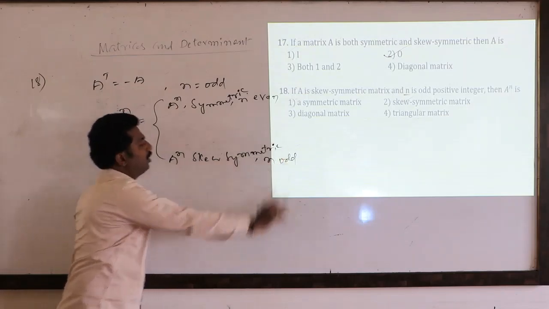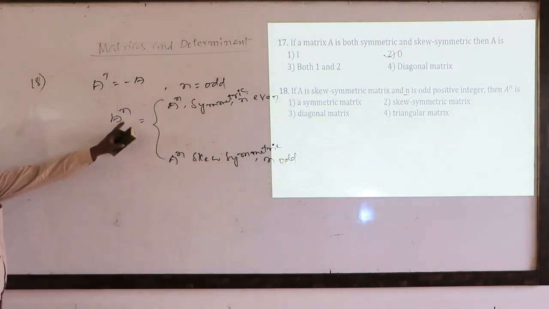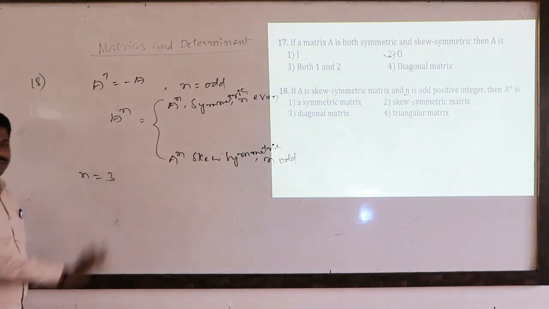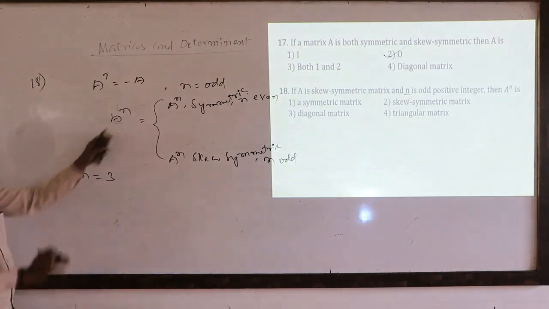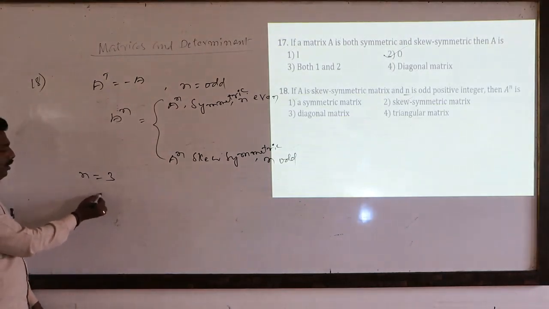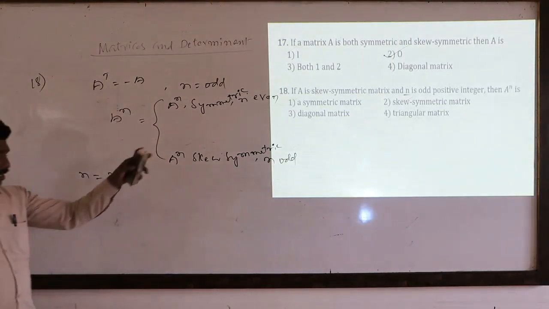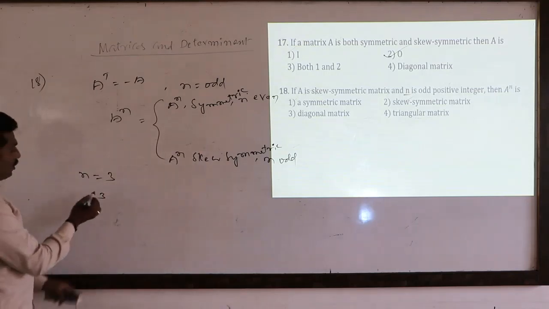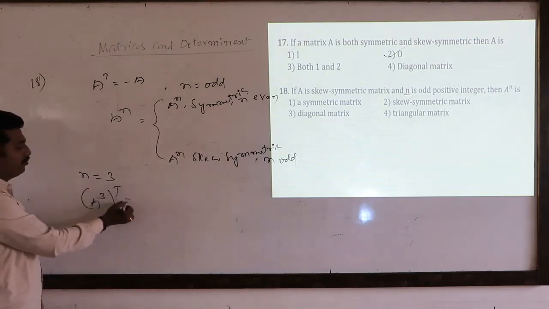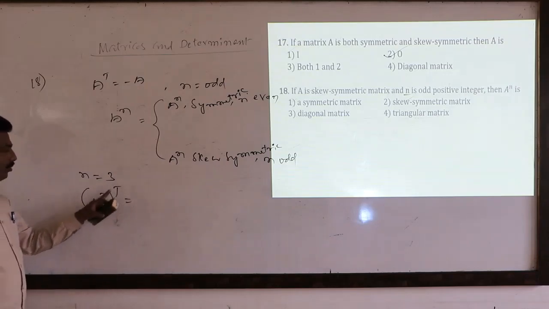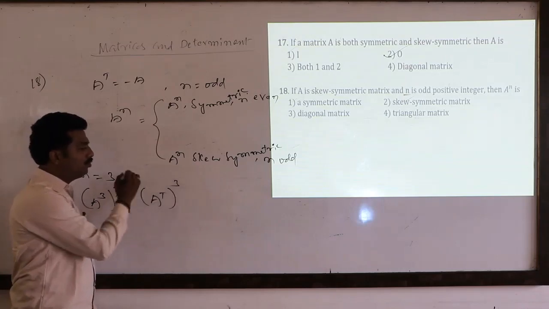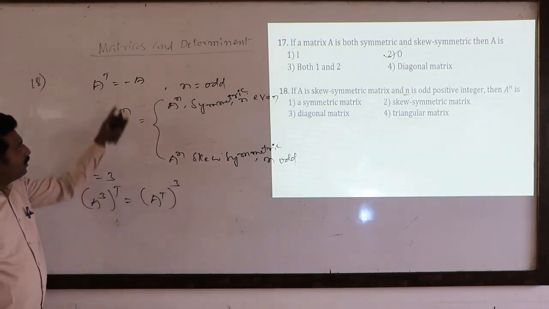So this is a completely conceptual question. See, suppose I take n equal to 3. So we have to take A cube, and verify whether A cube is symmetric or skew symmetric. I am taking transpose on both sides. A cube whole transpose is nothing but A transpose whole cube. What is A transpose?